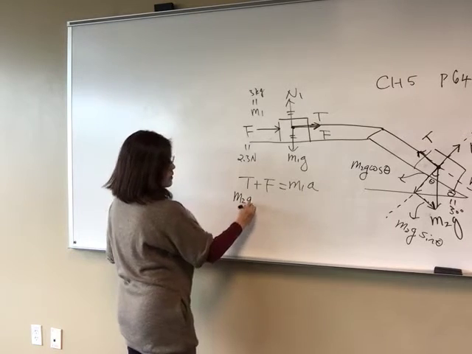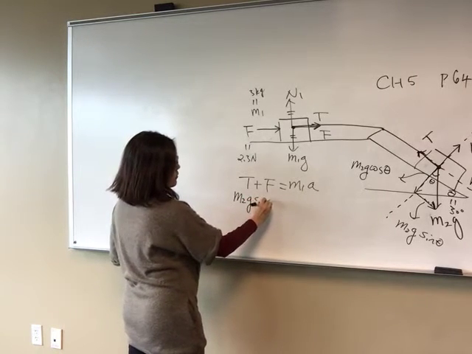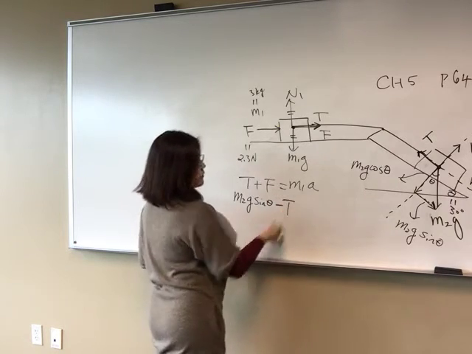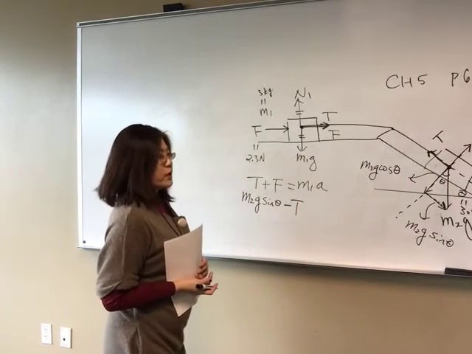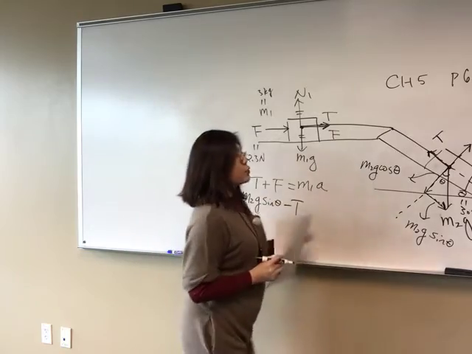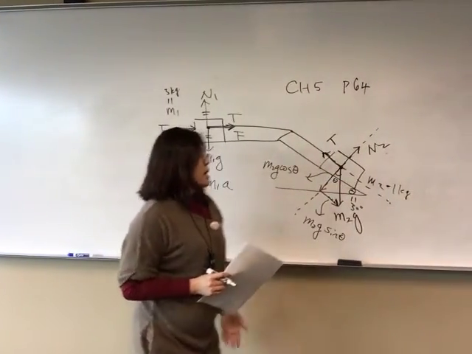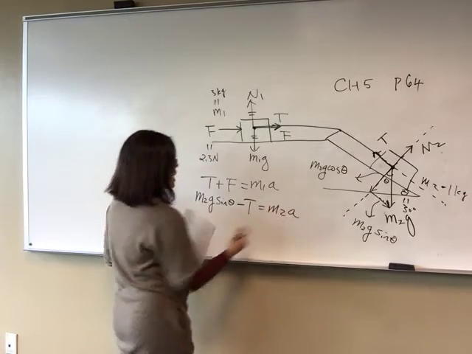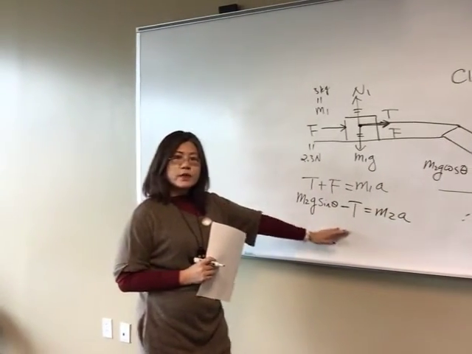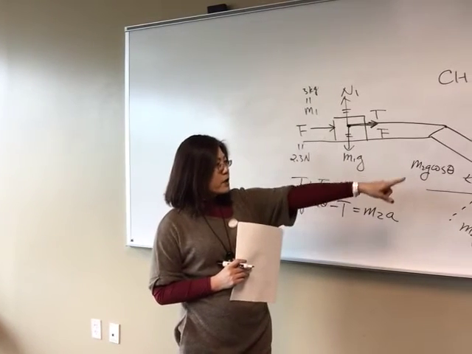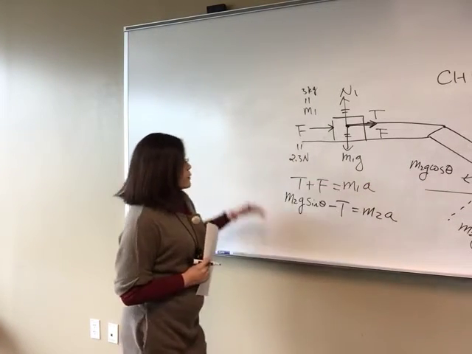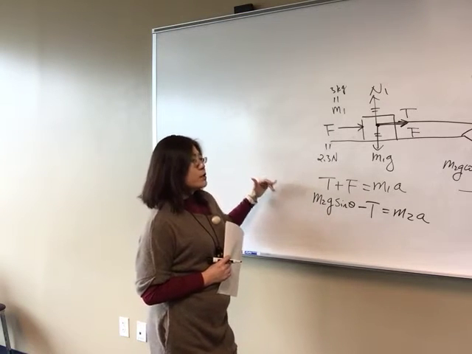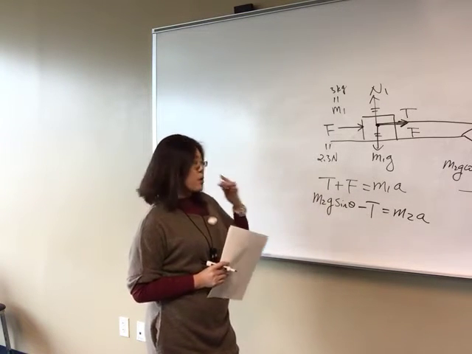So you have your M2G and then sine theta, that's rightward, and then you have the tension, minus T, because the T is pointing in the opposite direction. That's the only two forces in the horizontal direction, and that has to be equal to M2A, because this is F, the net force, that's equal to MA, and your M here is the block 2. So again, if you look at these two equations, you have two unknowns, but then we have two equations, so you can actually solve for the unknowns.